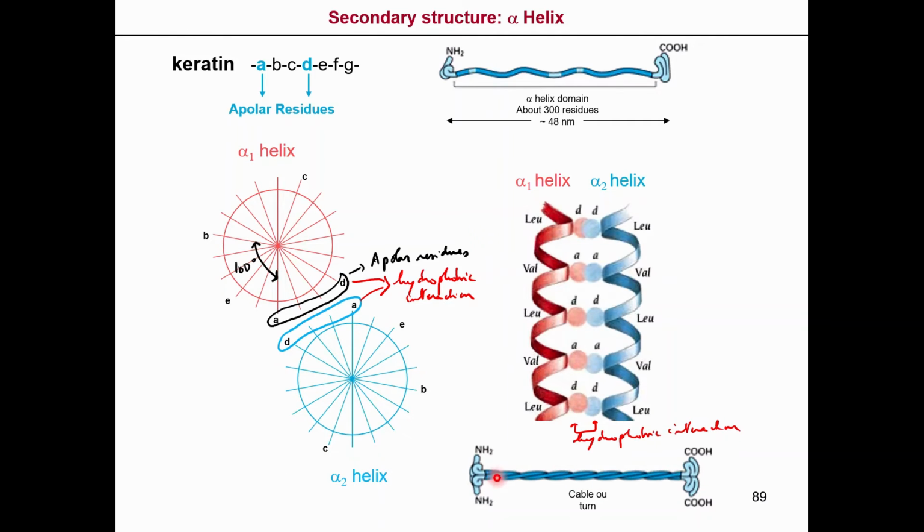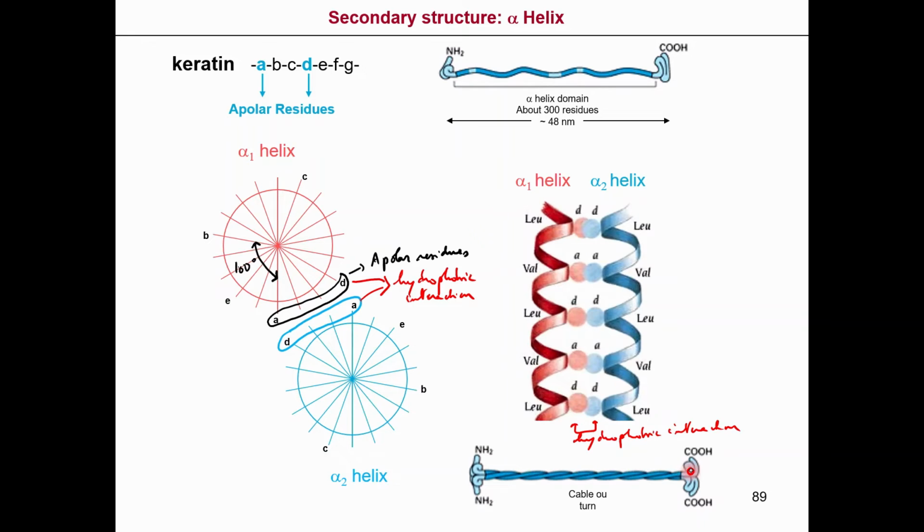It's several alpha helices in interaction, okay? And you will have a supercoil. Okay, so you will have a multimer, and depending on the number of keratin, you will have something strong like nail and something less strong, for example, hair.